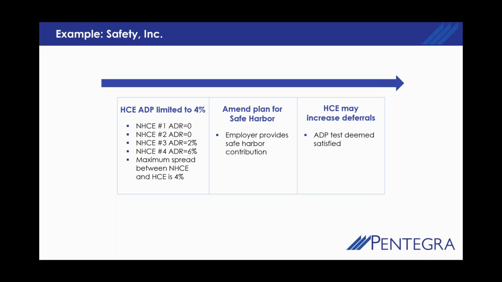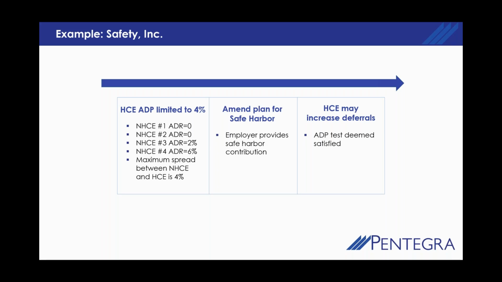That can take the form of a match or a flat percent, all defined by regulation, but it will put an employer on the hook to make that safe harbor contribution. So the discussion here is not as simple as, well, let's make your plan a safe harbor. The discussion is, well, we can make your plan a safe harbor, and here's the cost to you in doing that. Is that worth it to you?